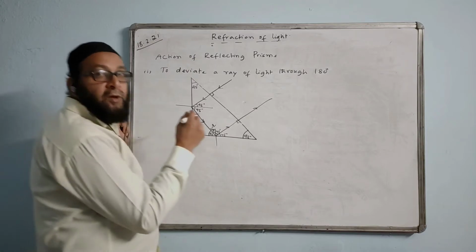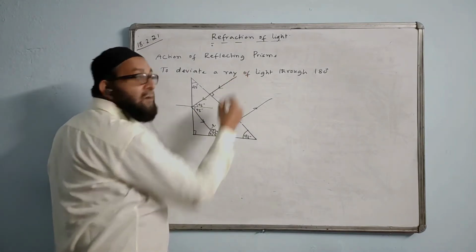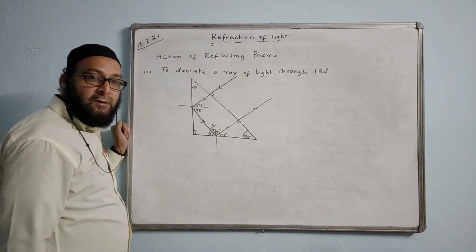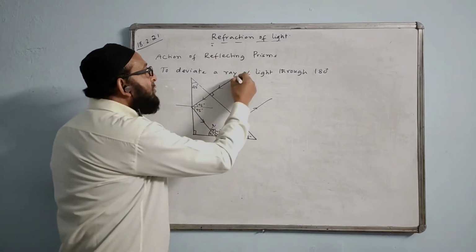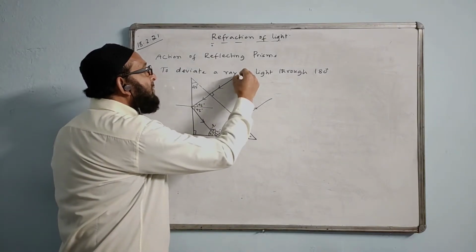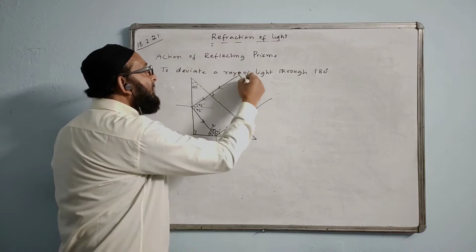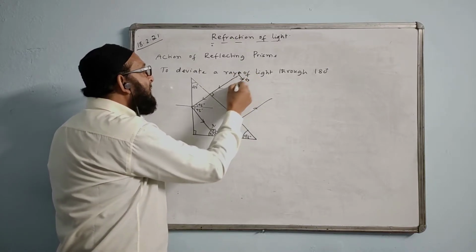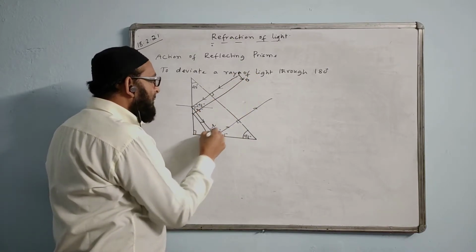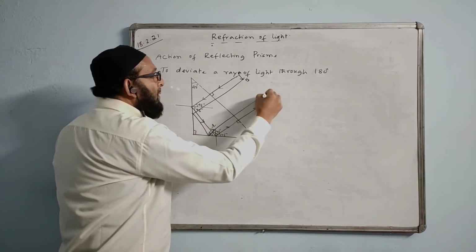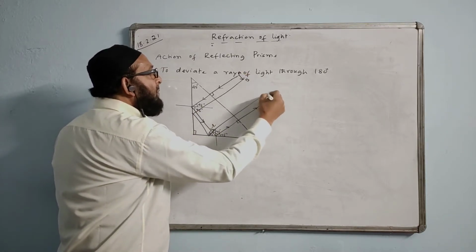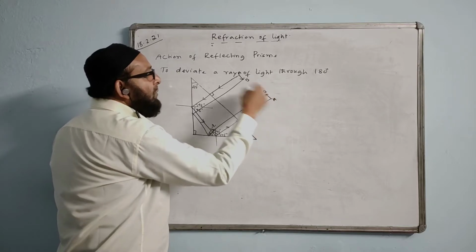If they show an object like this out here, suppose the object is shown as AB inverted, then another ray will follow the same path like this. Here is the image formed. AB, then B will be here. The direct image will be formed here like this.